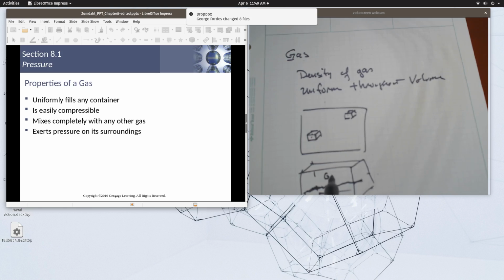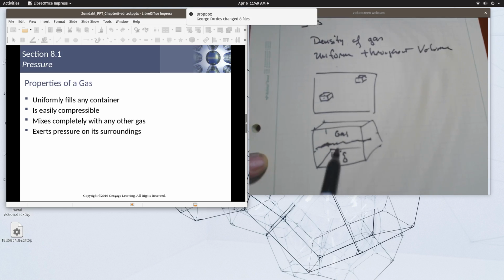I could have gas up here. A liquid doesn't occupy the entire volume. It conforms to the shape, but it has a definable boundary between the liquid and the gas, and so it's more dense down here and less dense up there in the gas phase than in the liquid phase. And so that defines a liquid. Of course, a solid is going to be something that keeps its form.